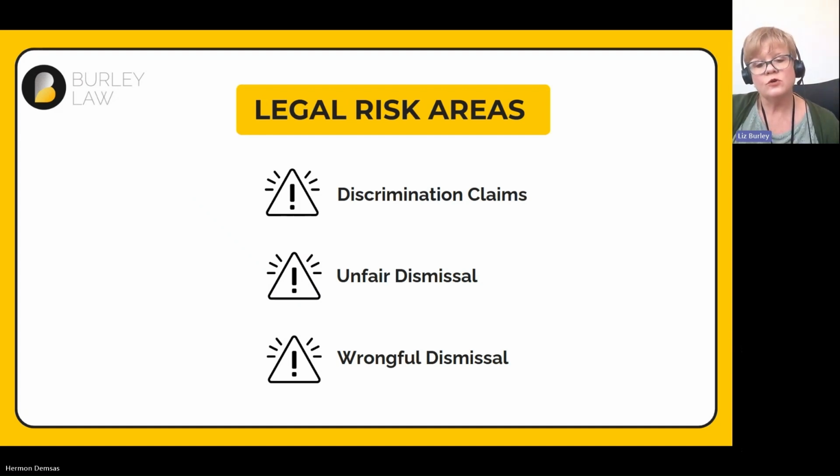Apart from those automatically unfair reasons, what else might you have to fear in terms of a legal claim? On discrimination, as I say, if there's any hint that there's a protected characteristic, and there are 9, so any of those could apply at the end of probation.